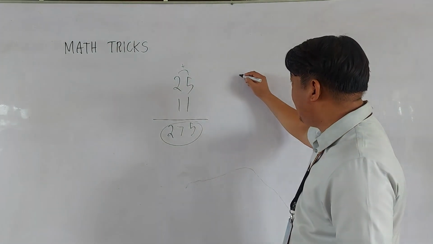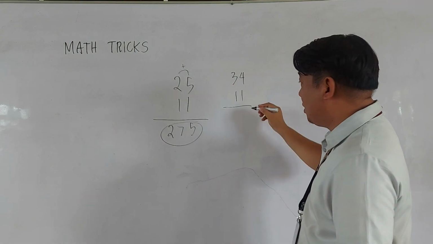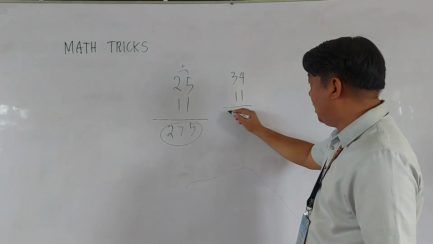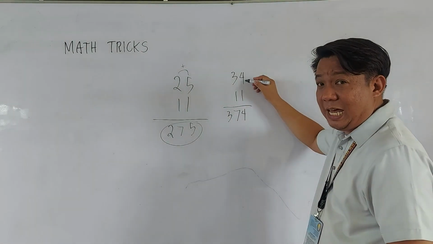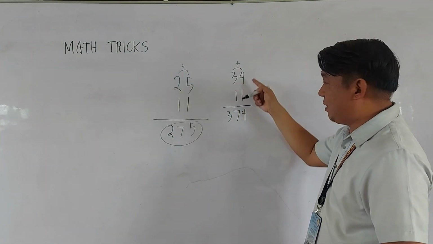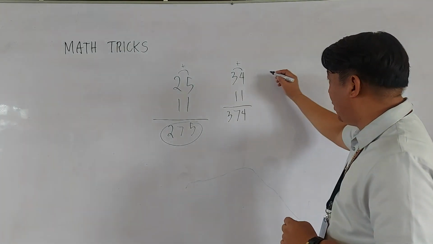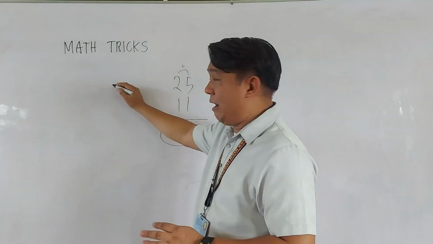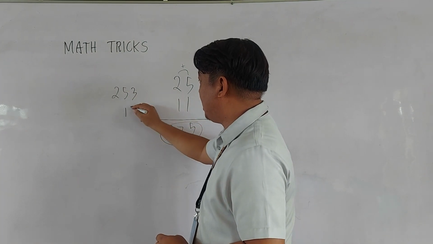Let's have another example. For example, 34 times 11. So, the product here is 374. So, copy the last digit, copy the first digit, and add the 3 and 4. Paano naman kung ito ay 3-digit? For example, we have 253 times 11.